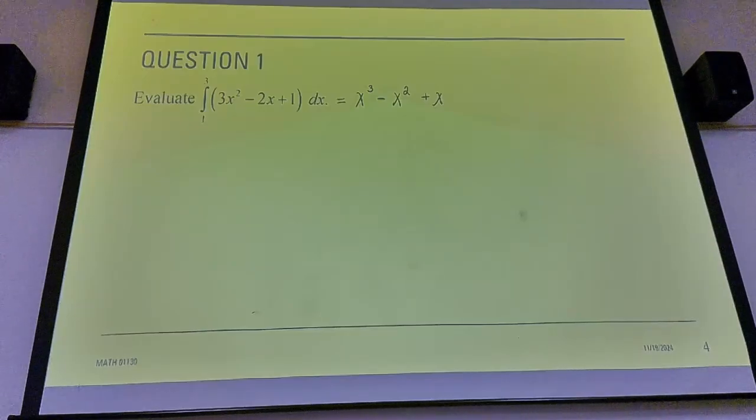And let's add in a 0. There's no need to write out the plus 0, so I just ignore it. Then that gets evaluated from x equals 1 to 3.